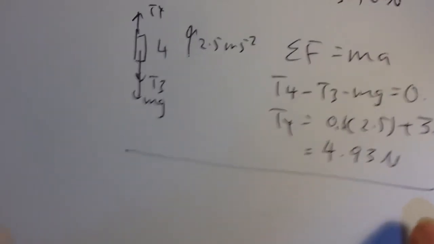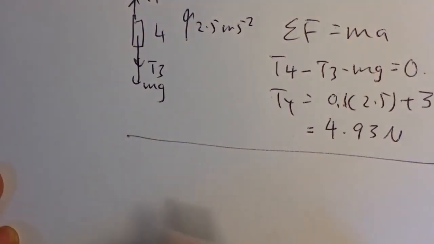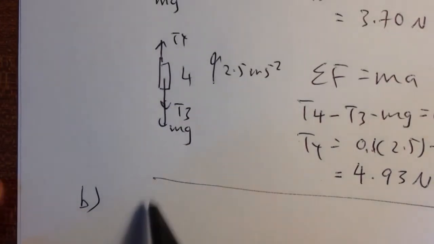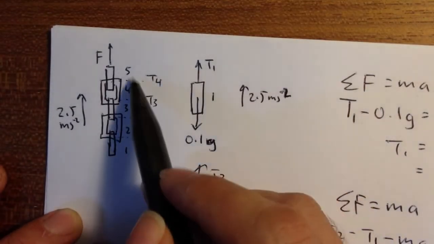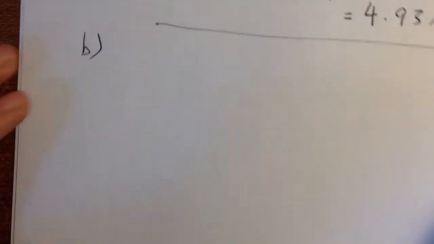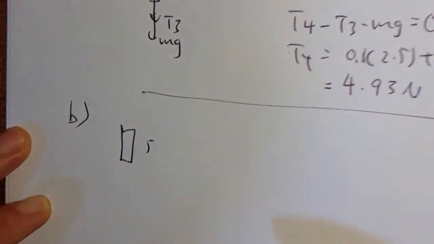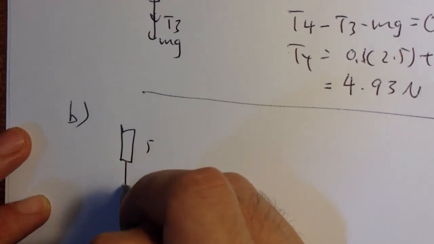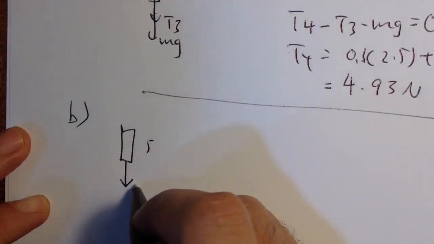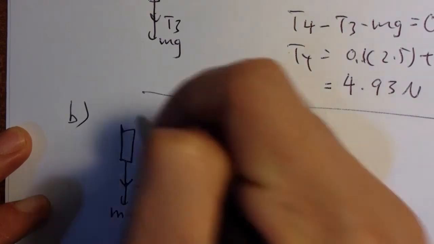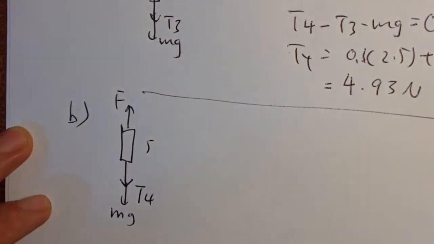Okay, that is actually the first part, Part A. Now if you look at part B, it is very similar. Part B is basically applying this free body diagram on link 5, right? Okay, link 5 over here. Let's take a look. So this link 5 has a T4, there's an mg, and this F, correct?